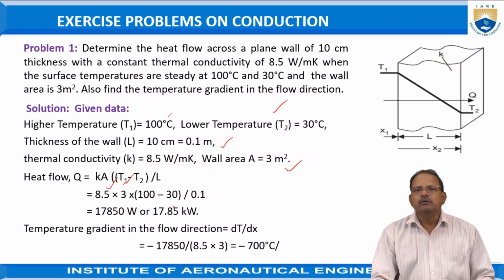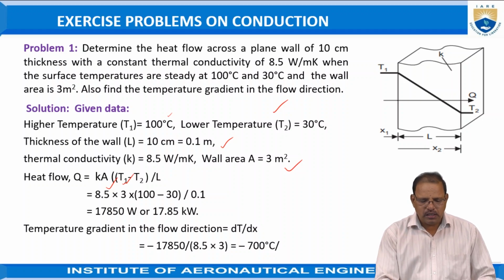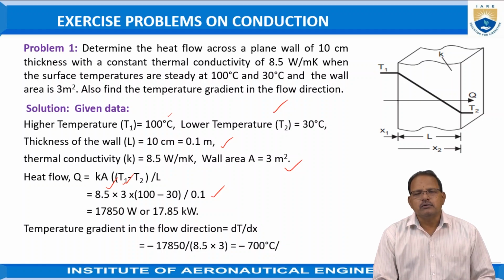While determining this flow of energy, you can convert T1 and T2 into Kelvin or keep centigrade, you get the same value. Hence, 100 minus 30 divided by thickness, expressed in meters, 0.1. Finally we got the value equal to 17,850 watts, which can be expressed as 17.85 kilowatts.